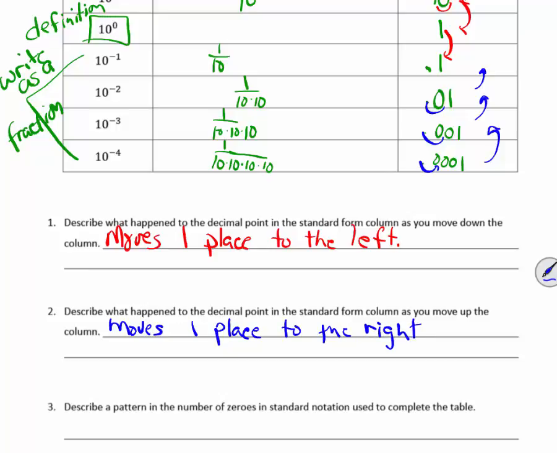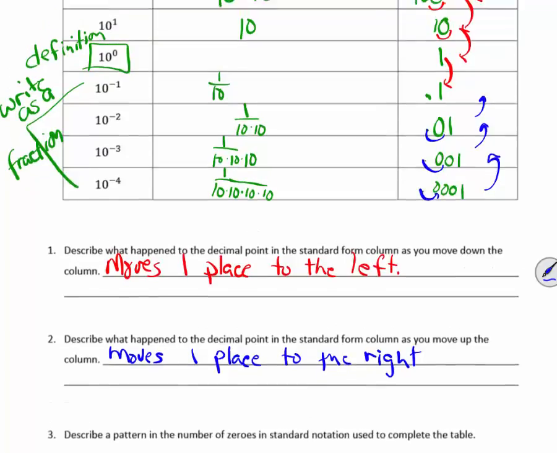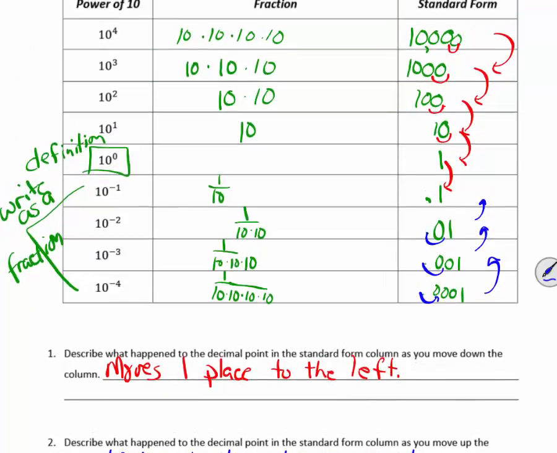Okay. Describe a pattern in the number of zeros in standard notation used to complete the table. So if you take a look, I had 10 to the 4th. How many zeros did I have? 1, 2, 3, 4. I had 10 to the 3rd, I had 1, 2, 3 zeros. 10 to the 2nd, 1, 2 zeros. Oh, look, they made a little happy space.